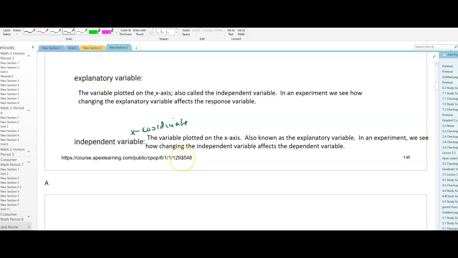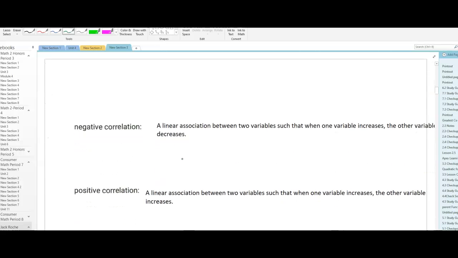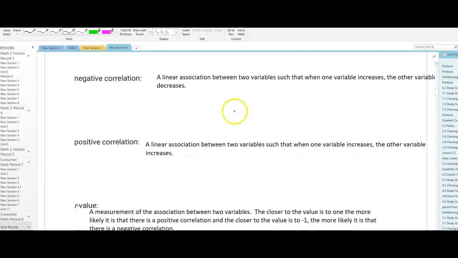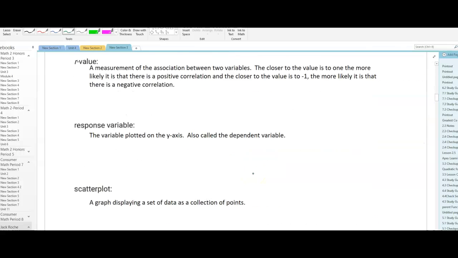Okay? Next, we talked about negative correlation is when your ordered pairs line up in a negative slope. Positive correlation is when your dots line up in a linear fashion in a positive slope. That's a positive slope. That's a negative slope.